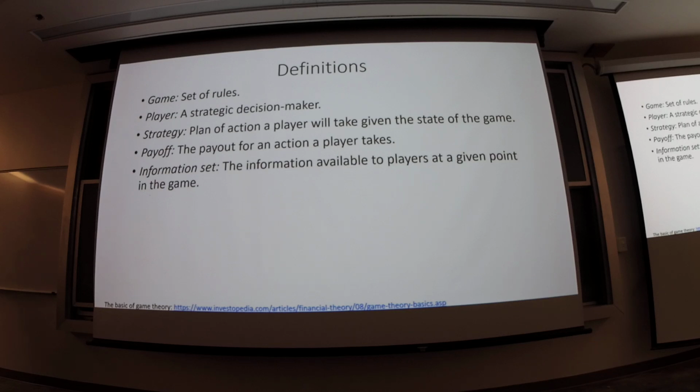And then there is an information set. It's the information available to players at each given point in the game, right? For example, in chess, at each point in the game, each player knows completely the state of the game and the strategy of the opponent. There are other games where we don't have a full view of the strategy of our opponent.